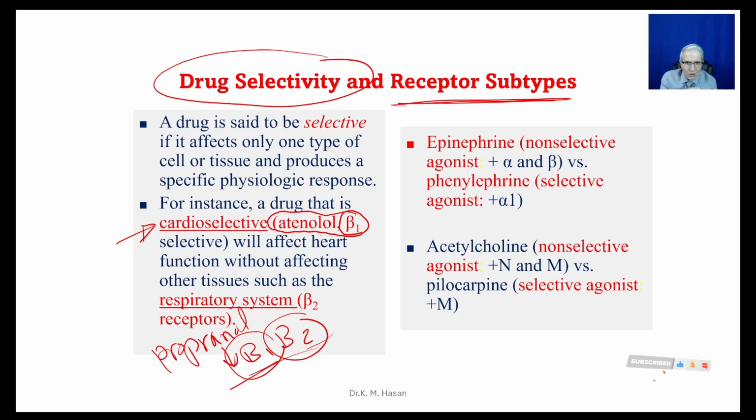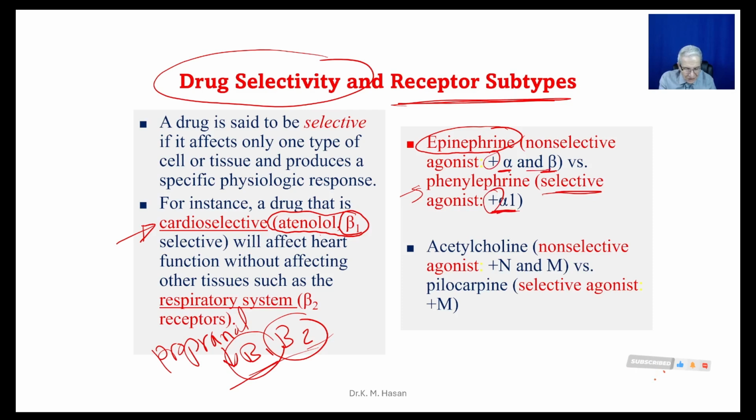So epinephrine is considered non-selective. Why? Because epinephrine stimulates alpha and beta receptors. On the other hand, phenylephrine is a selective medication because phenylephrine stimulates the alpha 1 receptor. You can see the plus here.